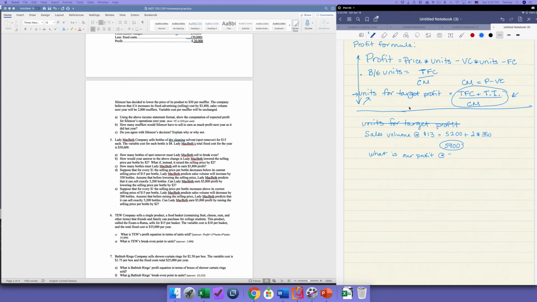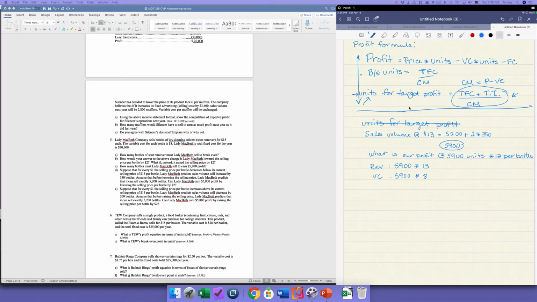At 5,900 units times $13 per bottle, we figure out our profit as revenues, which is going to be 5,900 times 13. And then our variable cost is going to be 5,900 times 8.